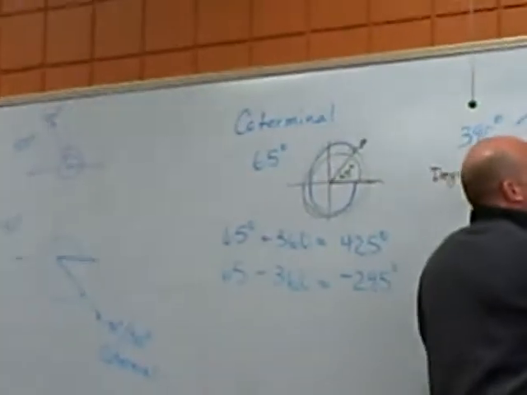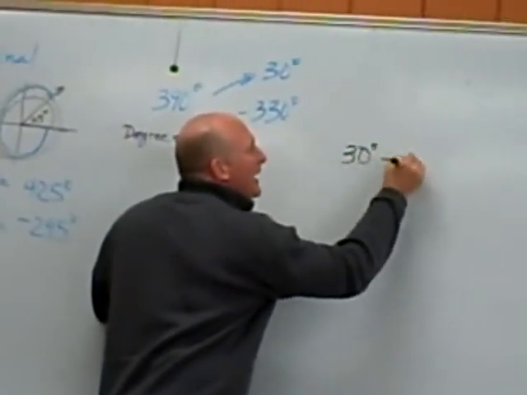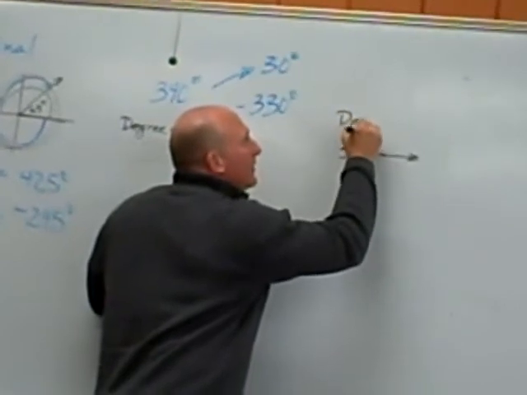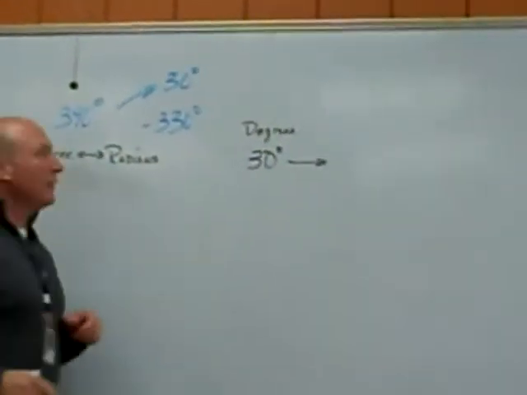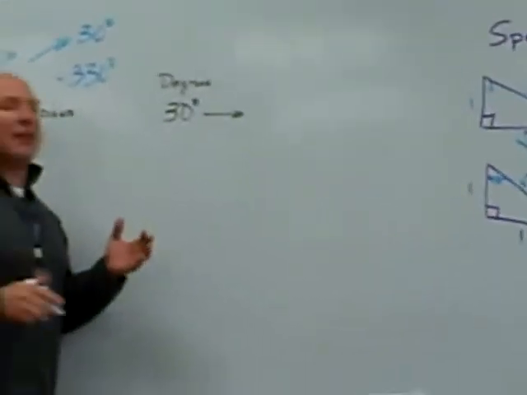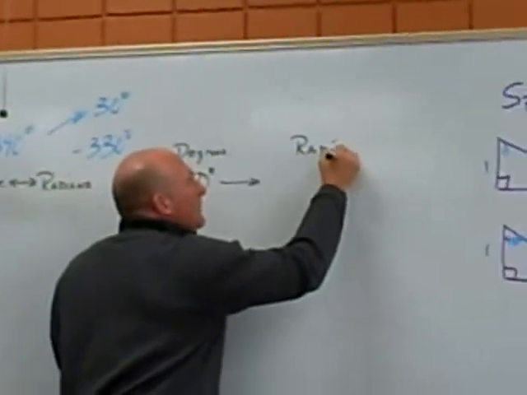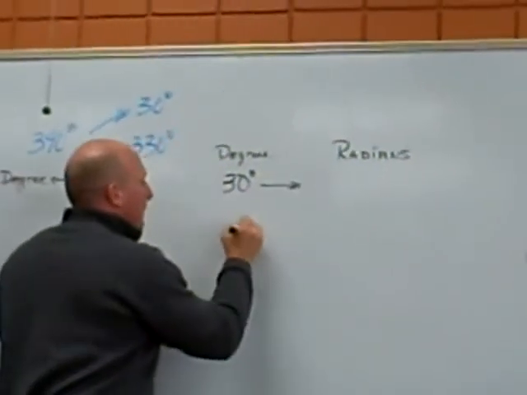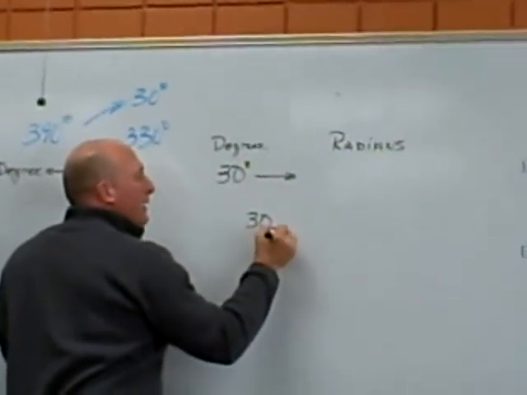So, ladies and gentlemen, if I say, hey, 30 degrees, what is that in radians? It is a simple process. First of all, what did I say that you have to have with radians? Pi. So, here's the shortcut. 30.